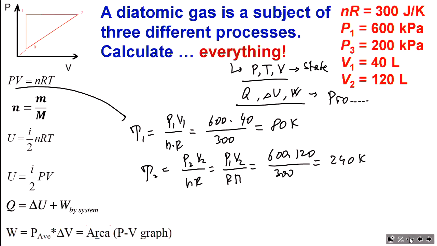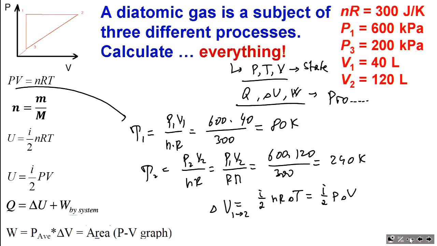Now, delta U, for example, for the process 1, 2. It should be equal to i over 2 N R delta T, or i over 2 P delta V. In this situation, it actually doesn't matter. We know both.